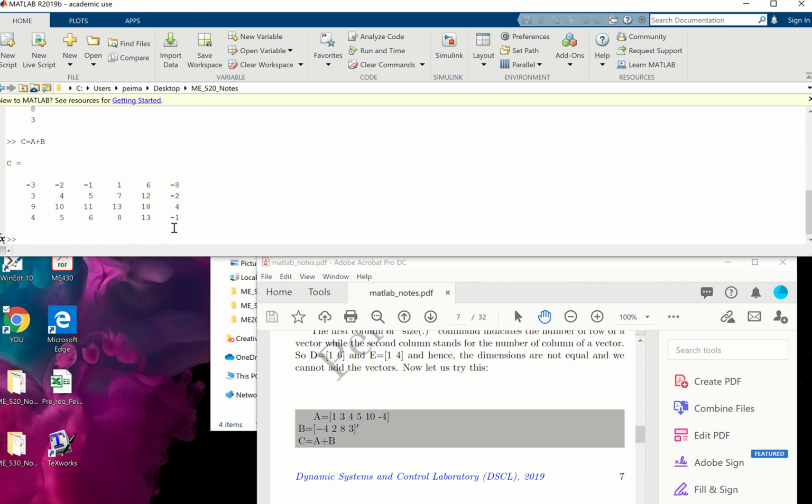Okay, so let me double check about the A. You see that if you add a vector and a column, here this is another A: 1, 3, 4, 5, 10, and minus 4.